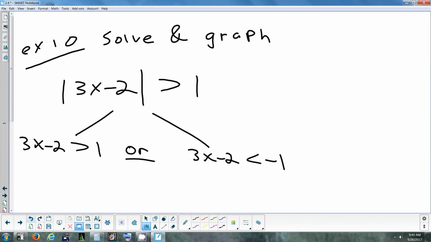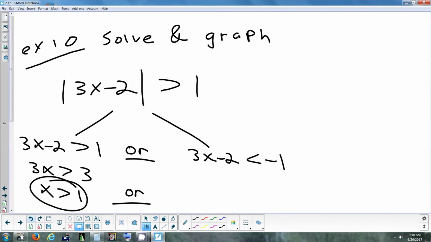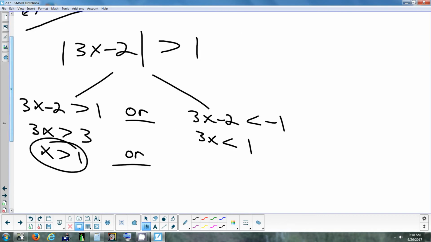Perfect. All right, so we're going to get 3x is greater than 3, or x is greater than 1. x is greater than 1, or 3x is less than, I'm going to add 2. So we get 1, and then divide by 3.